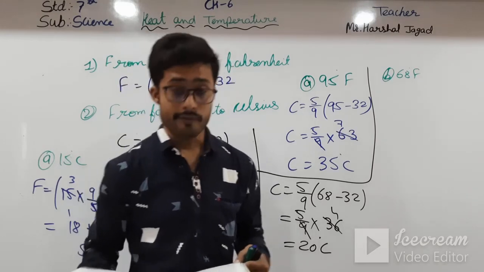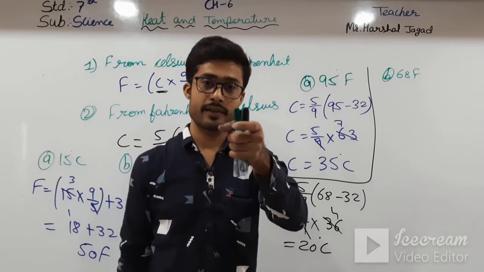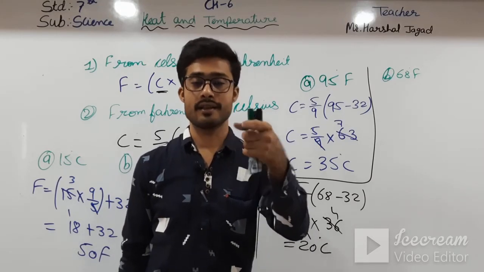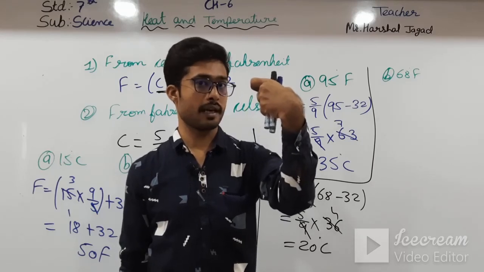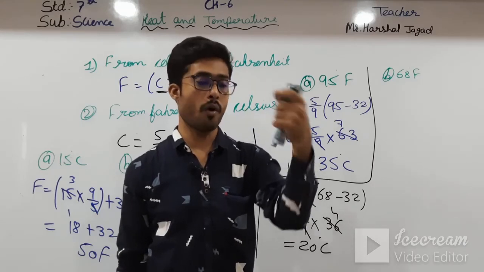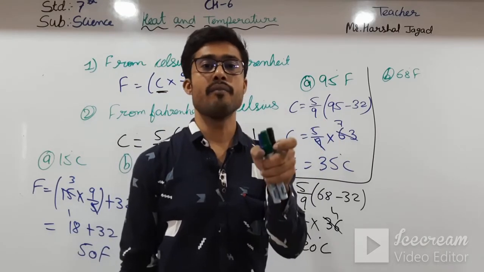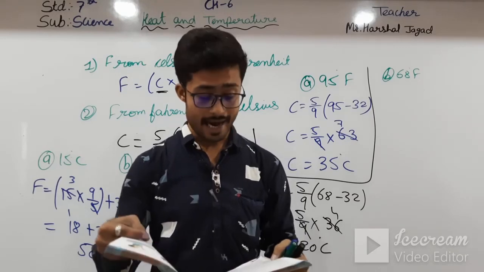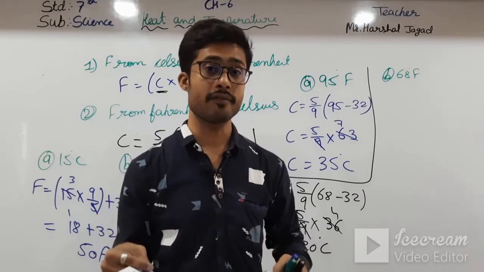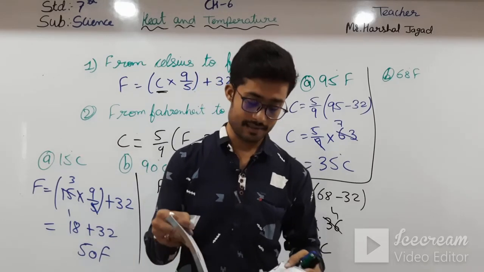Okay students, we all know that nowadays due to corona, temperature is measured with a gun, and they just point it at our head or hand and see the number. The number should be nearly about 98.6 degrees Fahrenheit or 37 degrees Celsius.